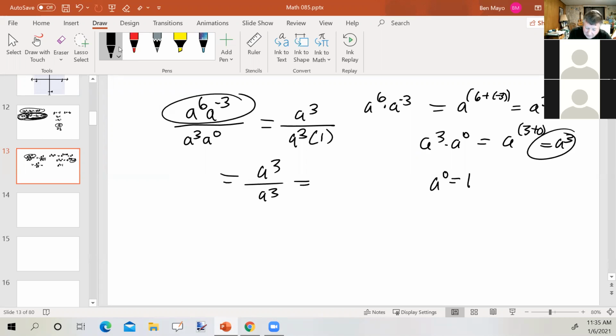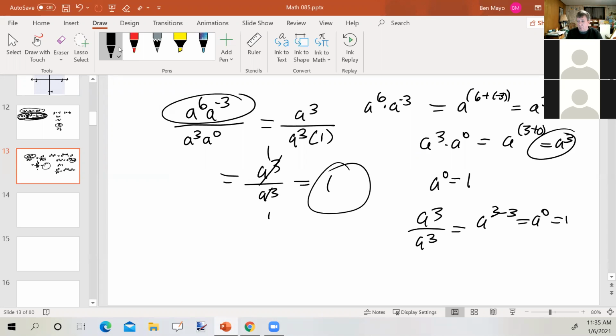And then finally, dividing two powers with the same base, you subtract the bottom exponent from the top. So this would be a to the 0 power, which is 1. Also, a number divided by itself reduces down to 1 over 1, unless it's 0 over 0. But anyway we go, we get a final answer of 1.